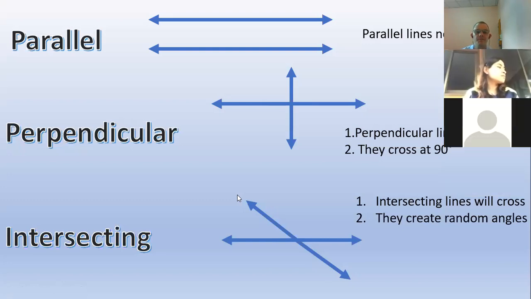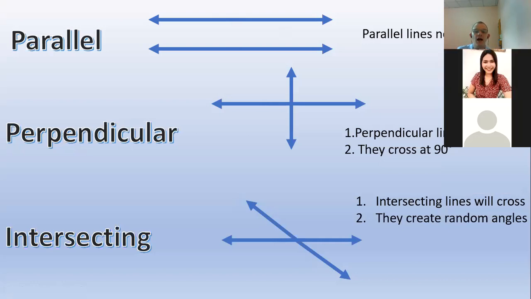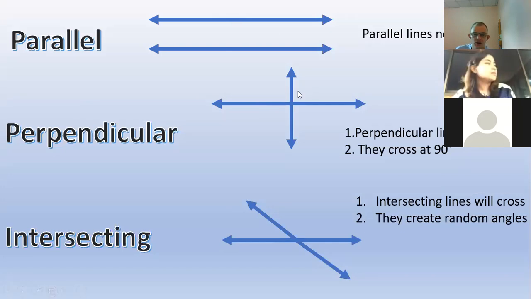Then we also have perpendicular. Perpendicular lines do cross, but they will cross at exactly 90-degree angles. So there will be 4 90-degree angles. Okay. The last one, and the one we spend most of our time on today, will be intersecting lines.